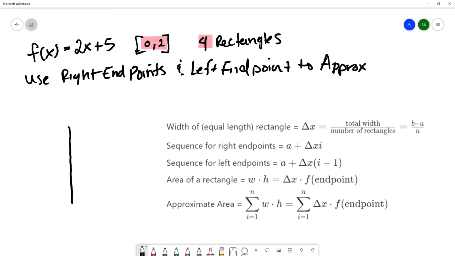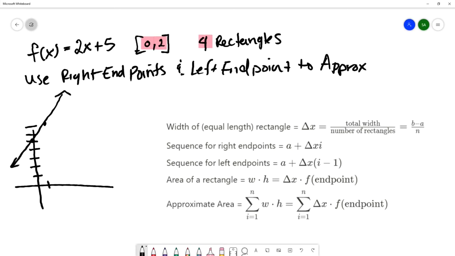So let me draw it a little bit off center since we're only looking at 0 to 2. And we have a y-intercept of 5 and a slope of 2. So we're looking at the curve, or the straight line, 2x plus 5, on the interval from 0 to 2.